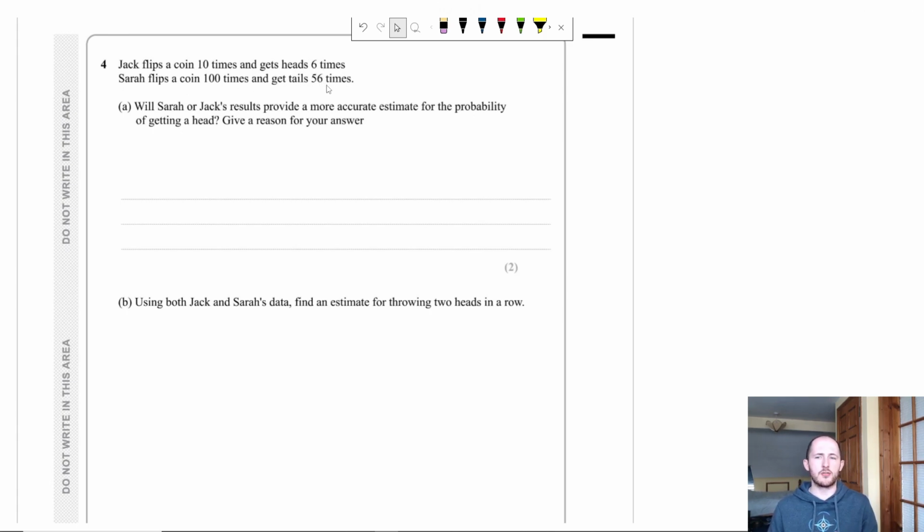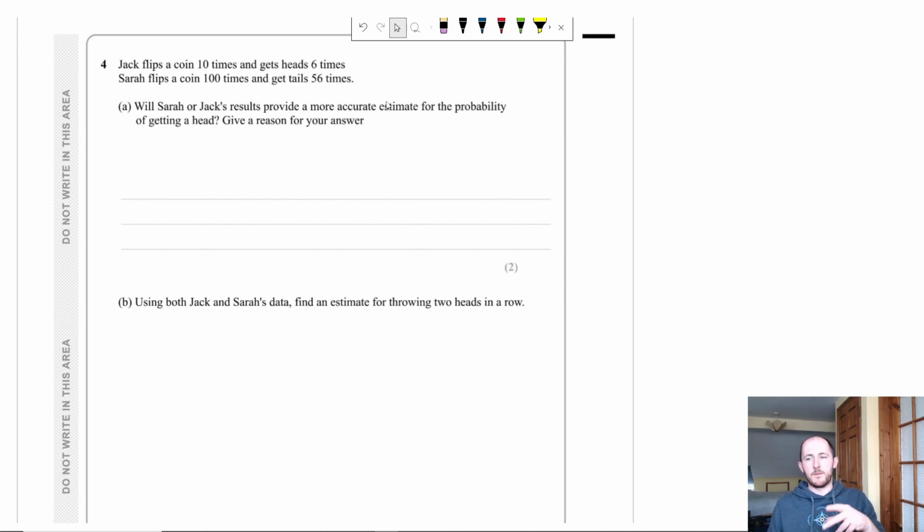Sarah could have got tails 100 times, and hers is going to be more reliable because she did it more times. Okay? It's the most critical thing. Whenever you're dealing with probability, the more you do it, the more reliable or accurate your probability is going to be. No matter what, even if the data looks really weird.